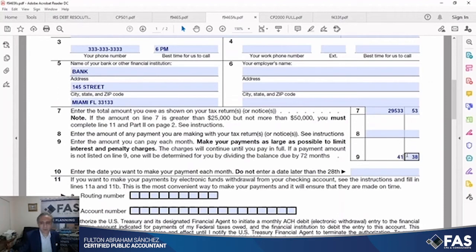So that is the minimum amount the IRS is going to accept. $410.19.